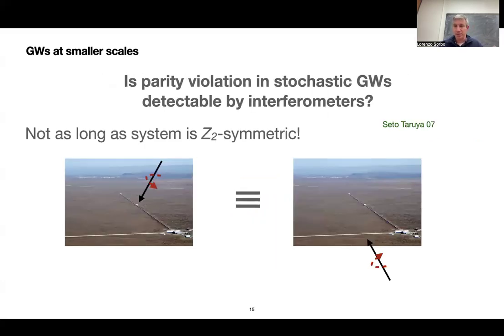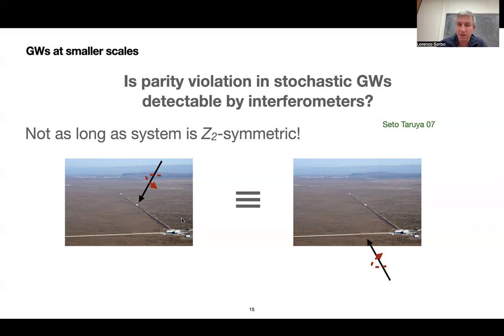Suppose we have these gravitational waves that are detectable by an interferometer. Can we tell these are chiral gravitational waves? Well, it turns out that if the system is Z2 symmetric, then we cannot tell the chirality. Basically, if we have a planar interferometer, which is the case for a single interferometer, then a left-handed gravitational wave coming from the top is the same as a right-handed gravitational wave coming from the bottom. And if the gravitational wave spectrum is isotropic, these two effects cancel out, and we cannot have a net effect.